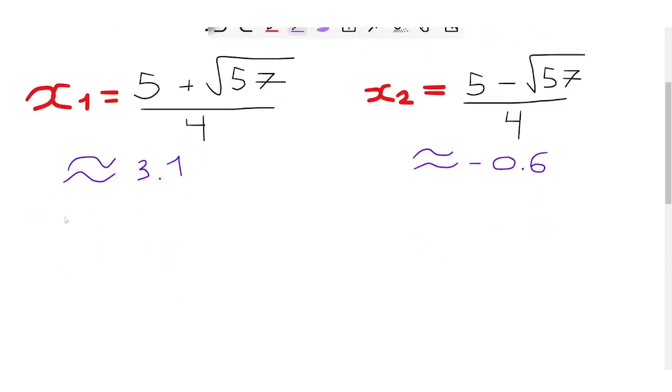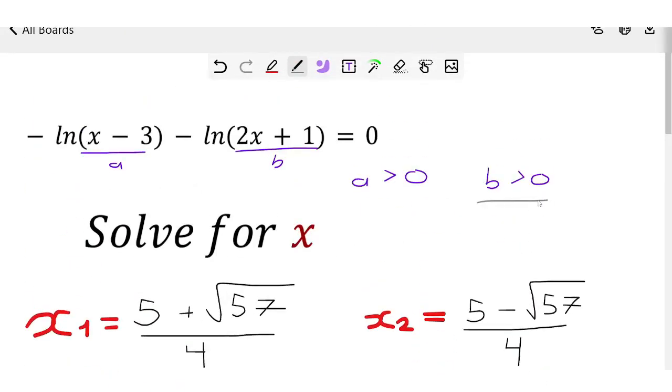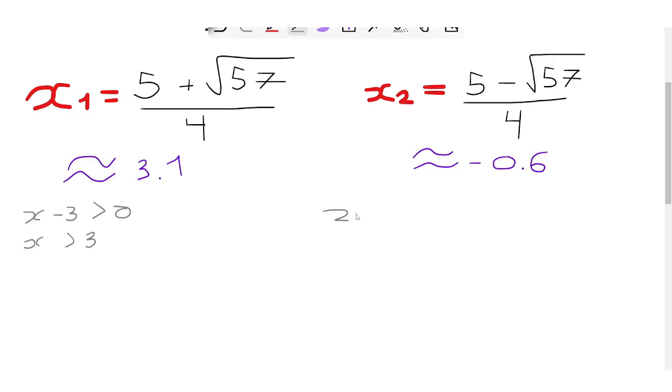So for a above 0, we have x minus 3 greater than 0, which is the same thing as x greater than 3. And on the right-hand side, for our b greater than 0, we have 2x plus 1 greater than 0, which is the same thing as 2x greater than negative 1, or x greater than negative 1 over 2.